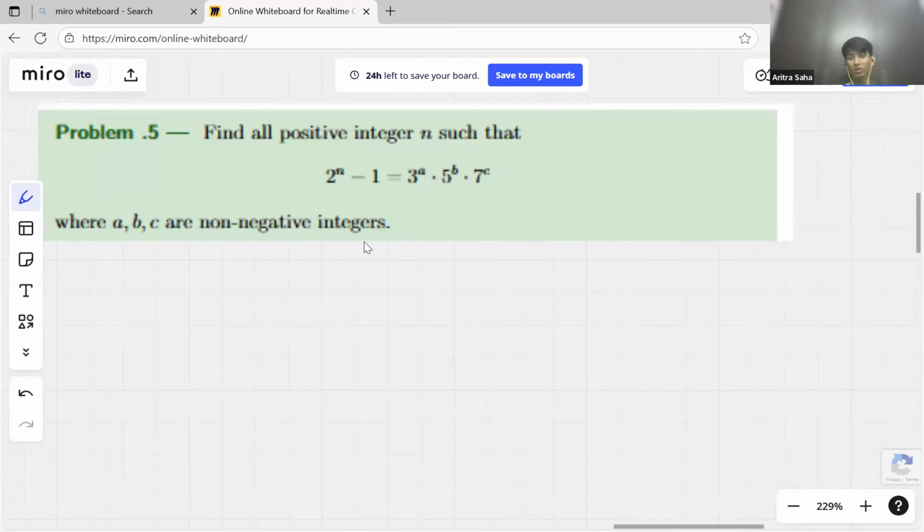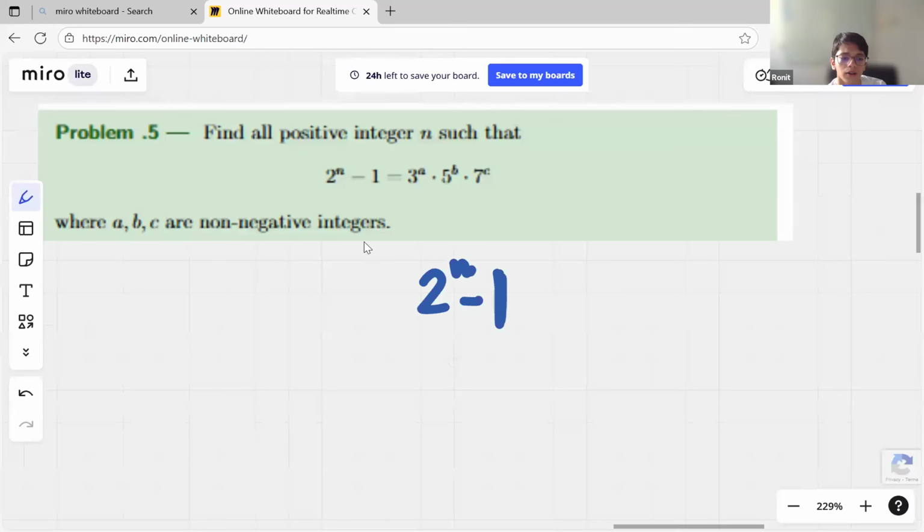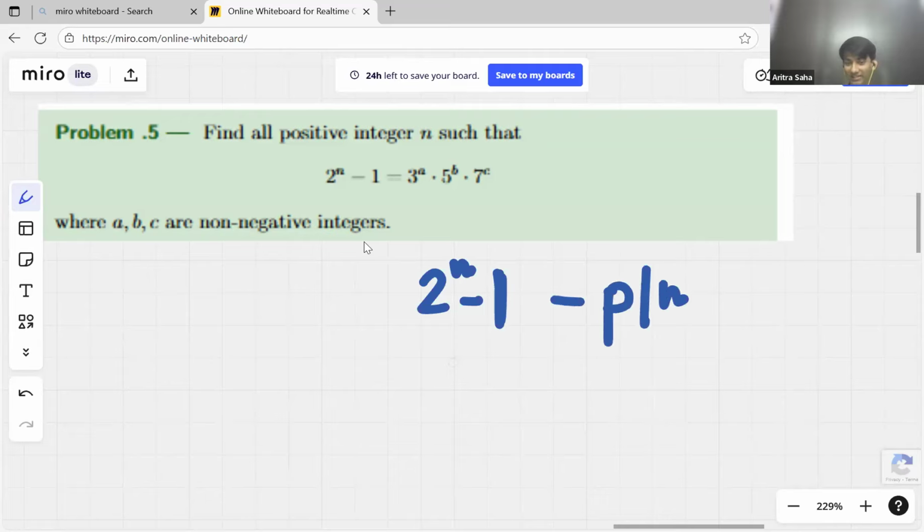Okay, so any ideas? How can you show that? You have 2 to the power n minus 1. What is good about it? Sums of powers of 2? Not exactly useful, that is more useful in combinatorics than number theory. If you have some prime dividing n, what will you have in this case?